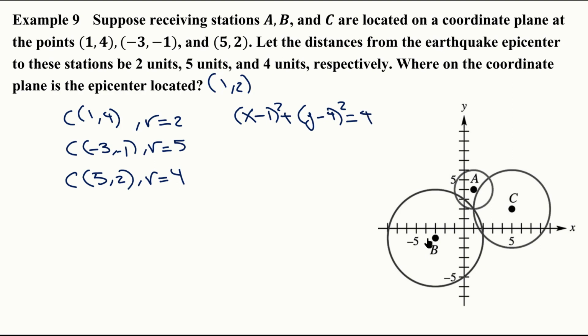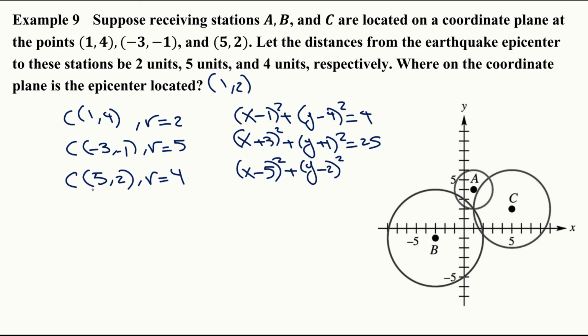For the second station, the equation of the circle that's 5 units away from it is going to be x plus 3 squared, because it's negative 3 and negative 1, plus y plus 1 squared equals 25. And for this one, we're going to have x minus 5 squared plus y minus 2 squared equals 16.